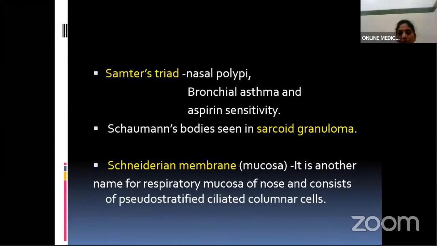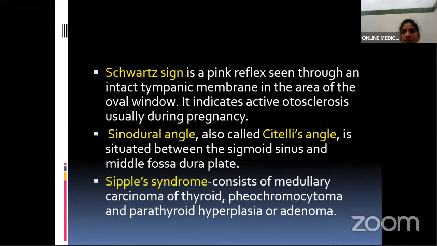It is a flamingo pink or pinkish hue seen behind the intact tympanic membrane on otoscopy examination, seen in active otosclerosis. It indicates that the otosclerosis is very active. Especially, it is most common in females. This Schwartze sign is very common in pregnancy. During pregnancy, all conditions are exaggerated. Likewise, otosclerosis will also become active during pregnancy. So this is called Schwartze sign.